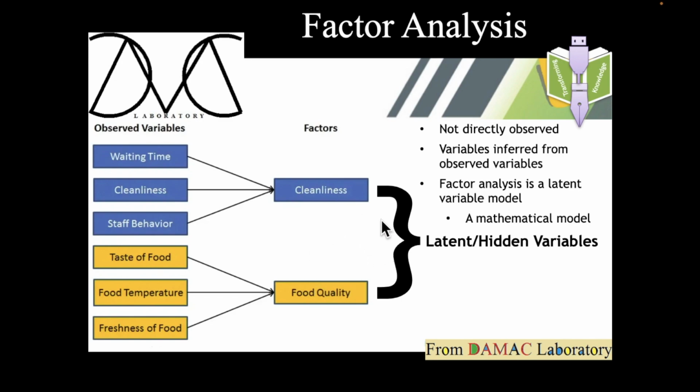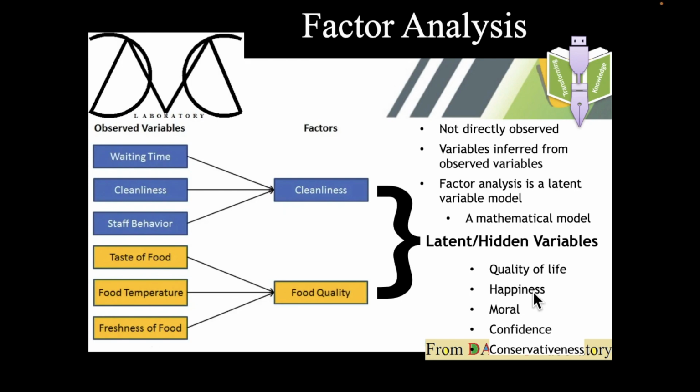And this is a mathematical model where latent variables are actually generated. So that's why factor analysis is also called a latent variable model. Okay, and another example of this kind of latent variable can be quality of life. To get a value of quality of life for something, you have to depend on many other observed variables' data, and then you can decide what the quality of life is, because quality of life depends on many other factors.